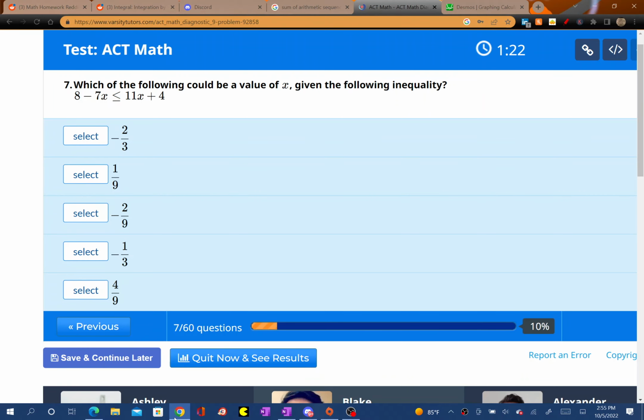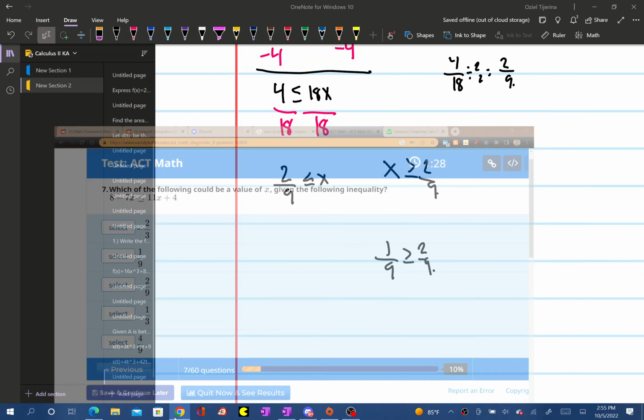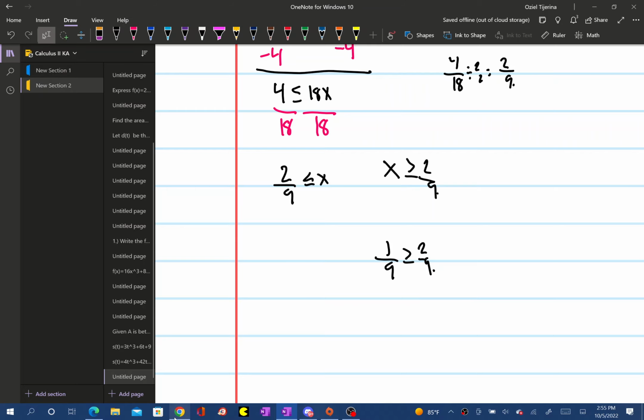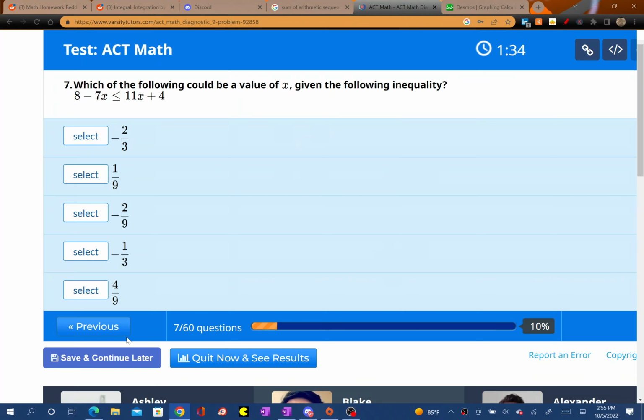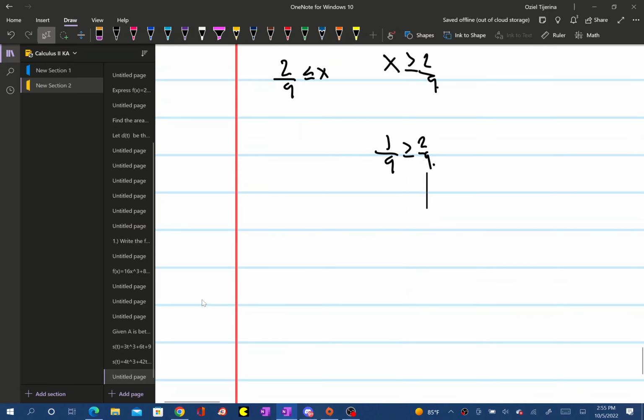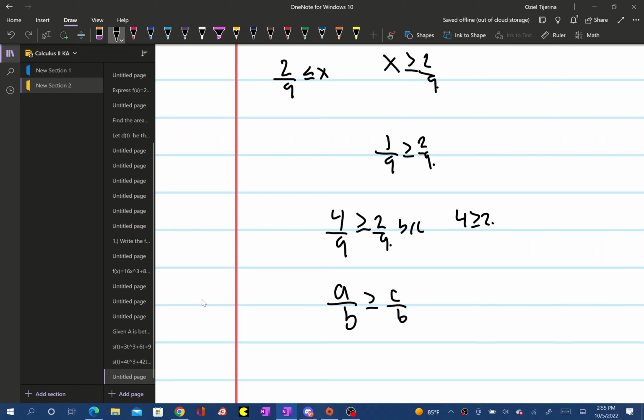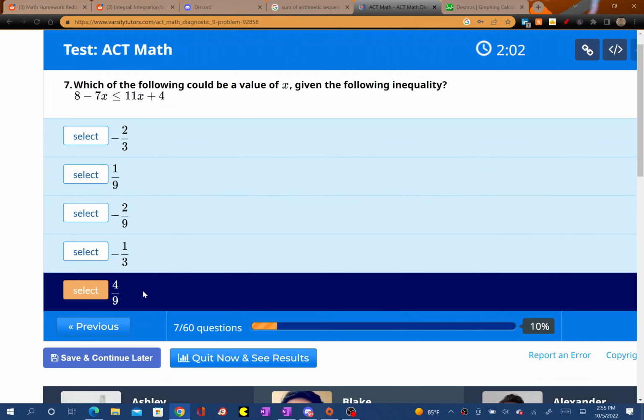No. So I believe the answer has to be 4/9, because 4/9 is greater than or equal to 2/9, right? That's because 4 is greater than or equal to 2. So if you have a over b is greater than or equal to c over b, then a is greater than or equal to c. Okay. So your answer is 4/9 for this one.